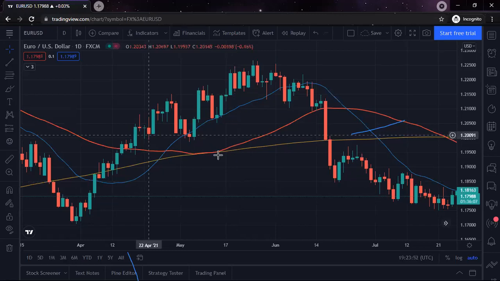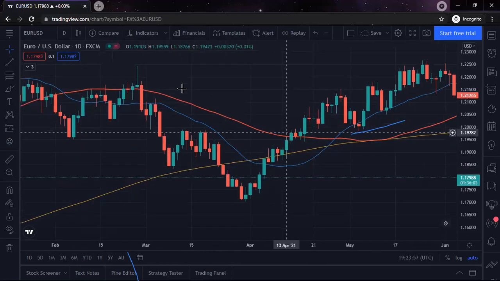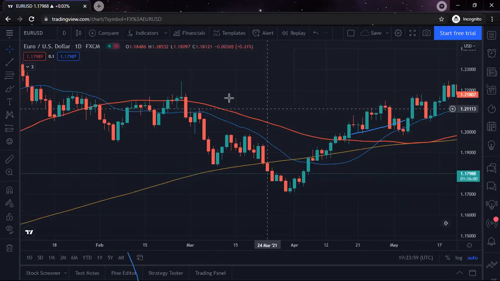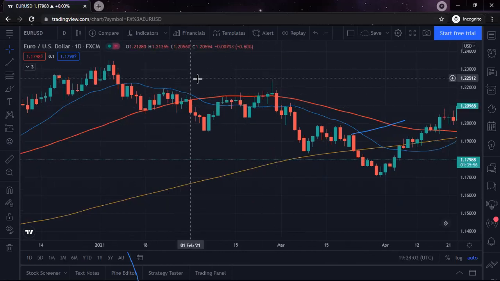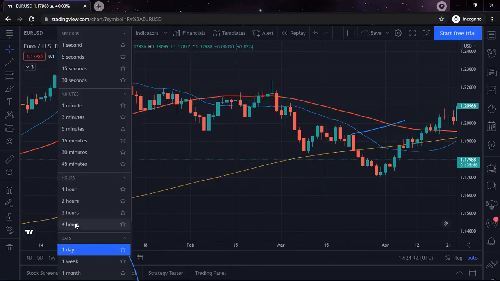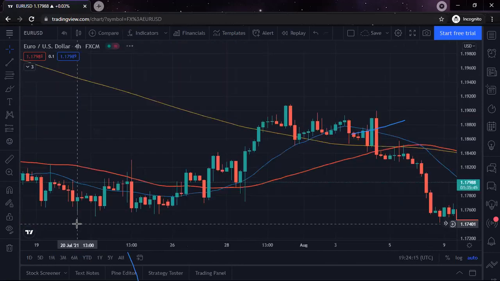This is the daily time frame. We don't get clear entries and exits, a clear view with the EMA moving averages we've added. So let's change from the daily candle to the hourly candle.